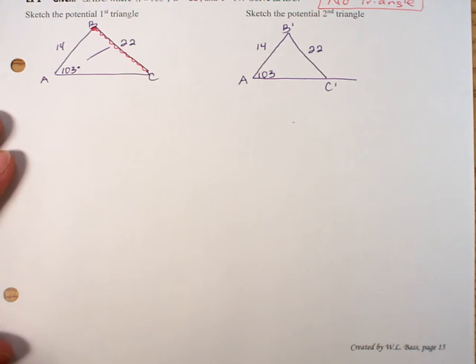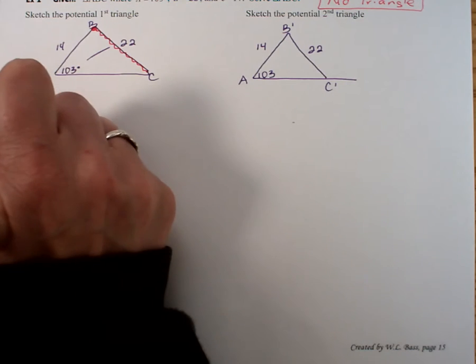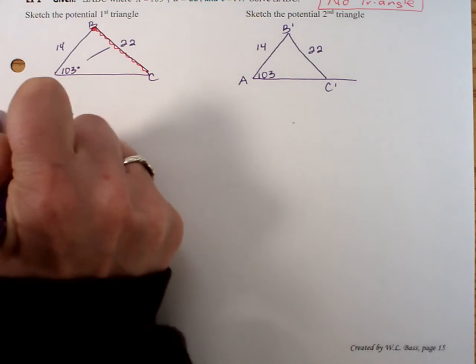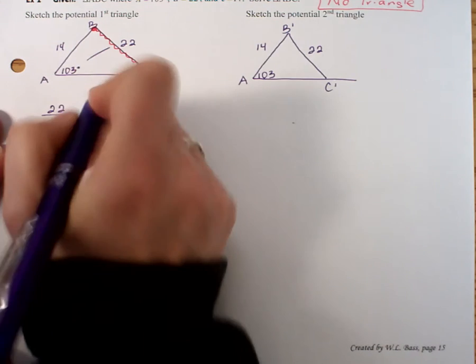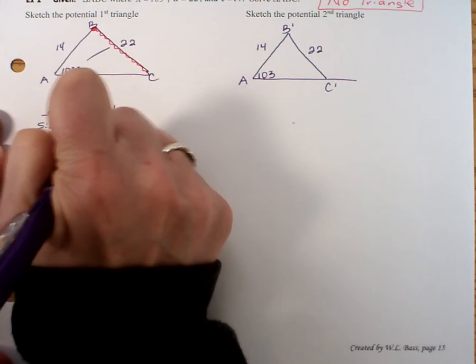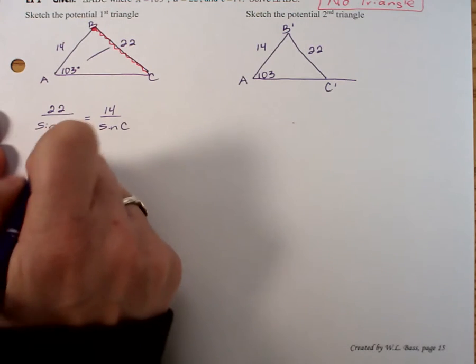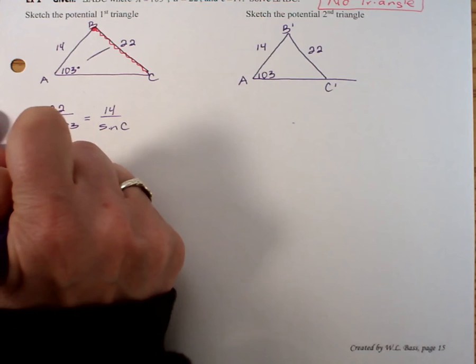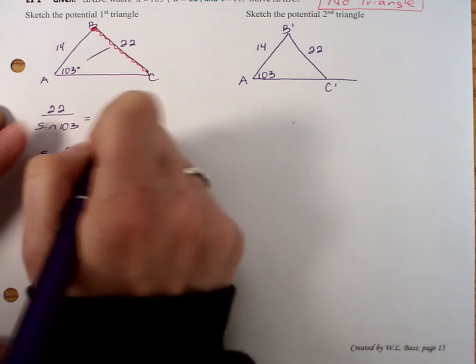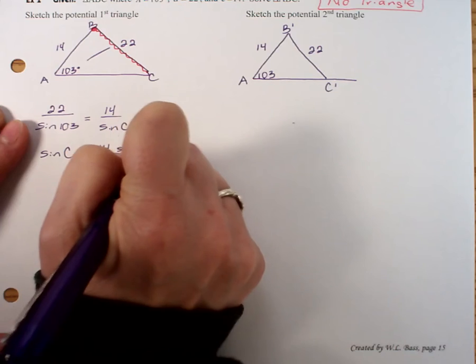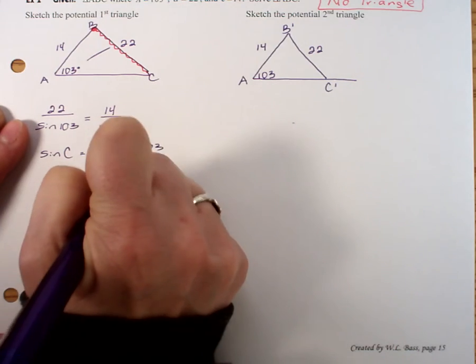The first thing I'm going to do is think about this little link, and I can set up my law of sines. I can say 22 over sine 103 is going to equal 14 over sine C. Rearranging again, cross multiplying, sine C equals 14 times sine 103, divided by 22.